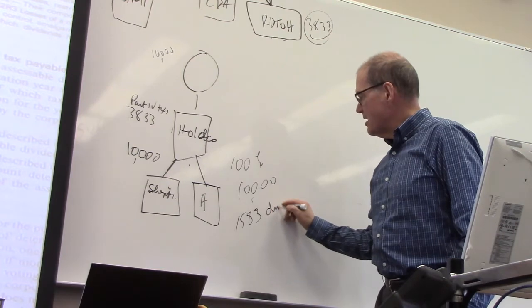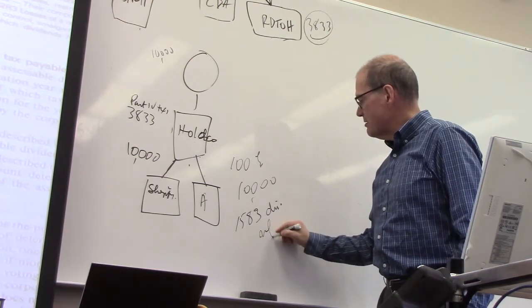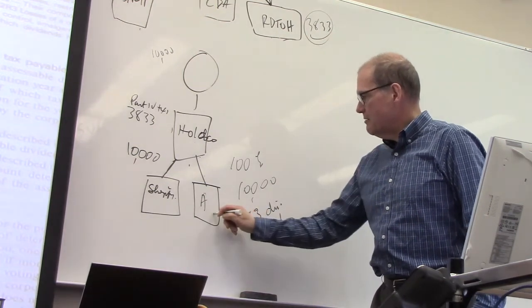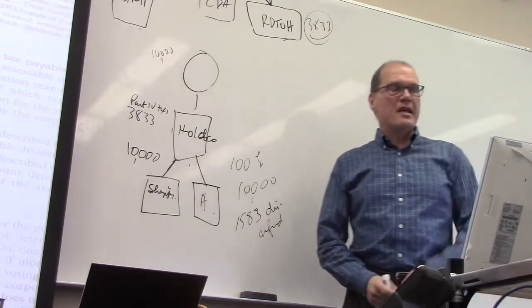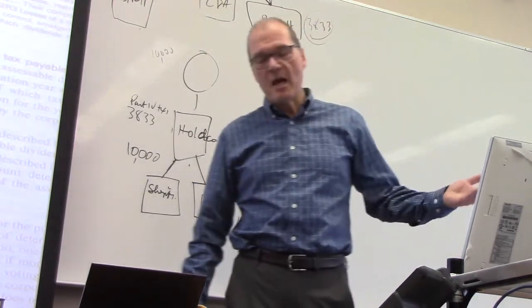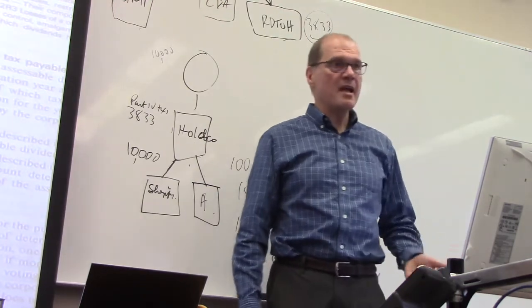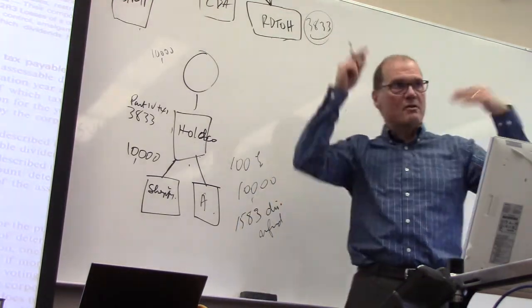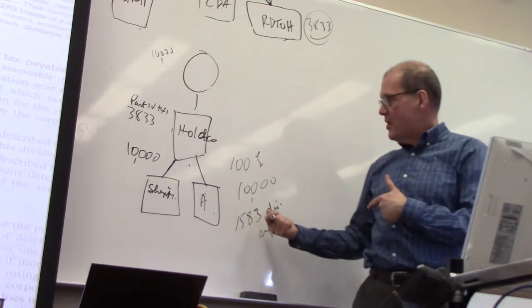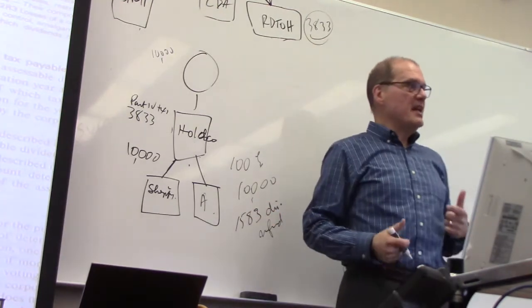Because I guess A had some RDTOH, maybe it had a capital gain, or maybe it earned some interest income, and lesser of this and that provided A with a $1,583 dividend refund.